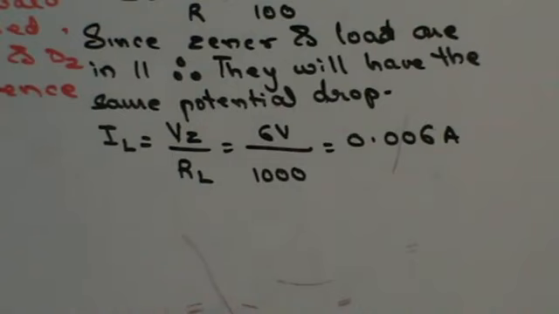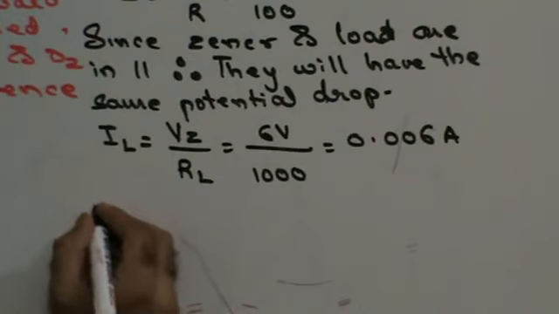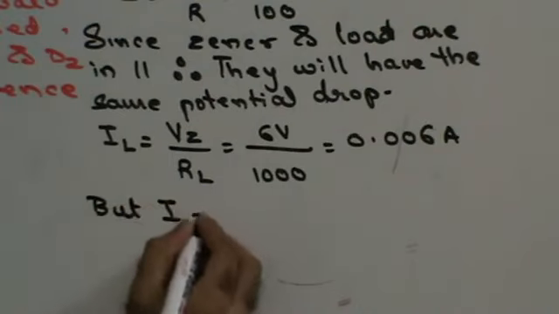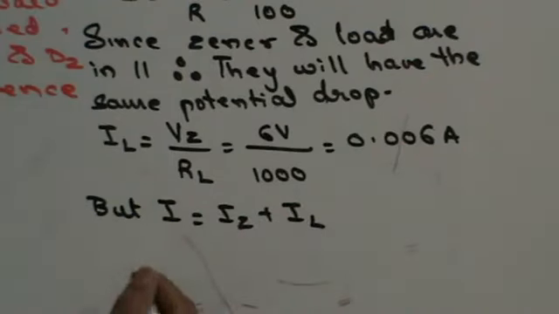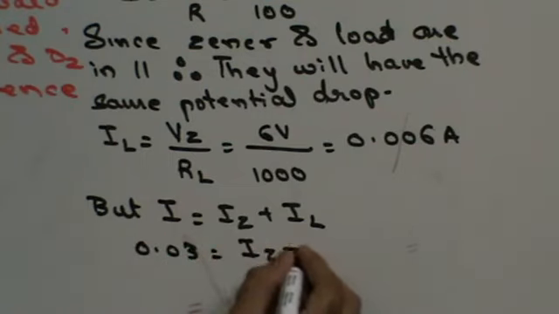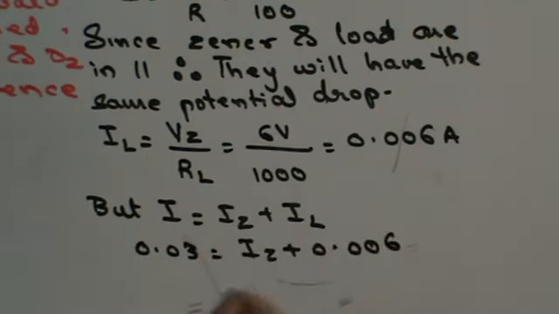Once I know load current, I can find out Zener current. I can say current is nothing but Zener current plus load current, right? Current in the external circuit 0.03 is Zener current plus 0.006. Hence, I will come to know the Zener current. Zener current is going to be 0.024 amps.